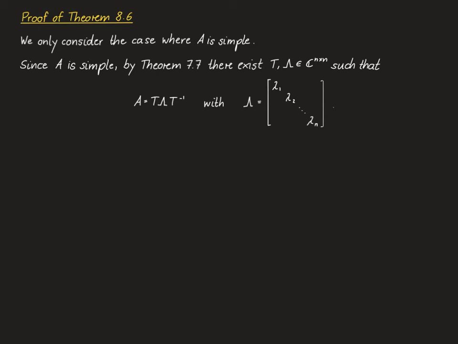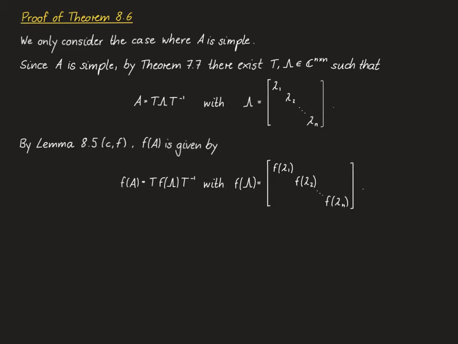In other words, there exist two matrices, T and Lambda, in C^(n by n), such that we can write A as T times Lambda times T inverse, where Lambda is a diagonal matrix which has all the eigenvalues of A on its diagonal. Here all the other elements of the matrix are of course 0.